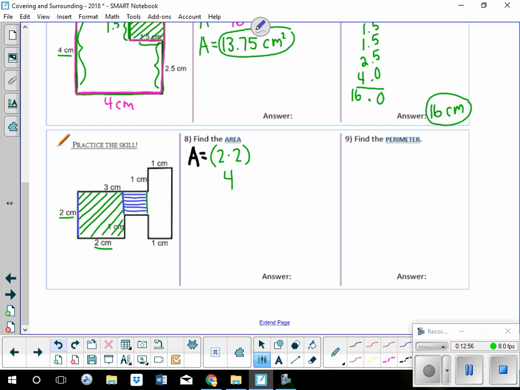So 2 minus 1, that means that this remaining piece here has to be 1. Also along the top right here, if I've been told that this whole distance is 3, and then this is 2, that means that this remaining part right here also has to be 1. So for that little piece right there, I'm going to add 1 times 1.